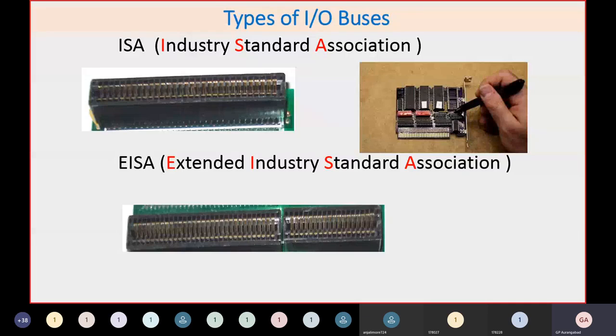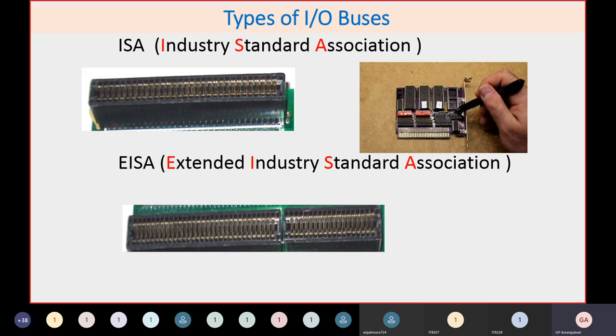Now on the right-hand side there is an expansion card. This expansion card can be fit into this 8-bit ISA slot. Normally if you see an old motherboard, you will find such cards placed where you want certain additional facilities, maybe for data transmission. If you want to connect an Ethernet card, that is a LAN card, it can also be fit onto it.